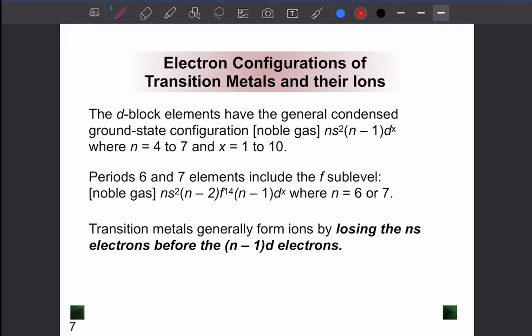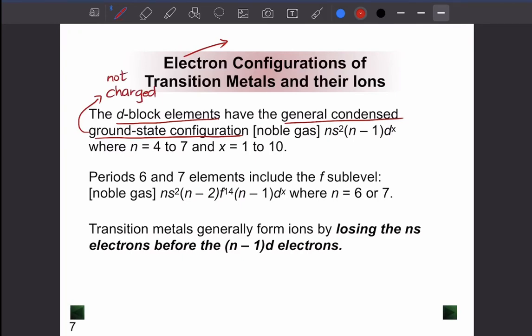Let's go to the next topic, which is how to write the electronic configuration for transition metals. D block elements have a general condensed ground state configuration. Remember, ground state configurations are the configurations when the atoms are not charged.